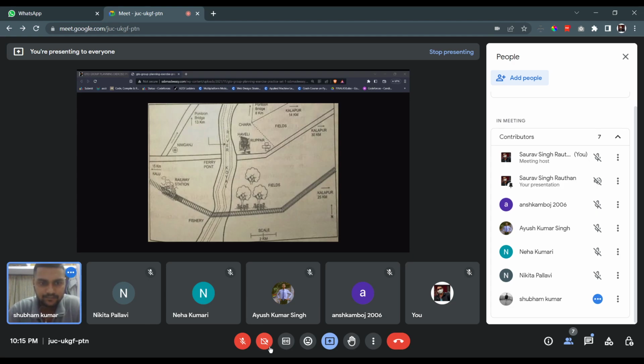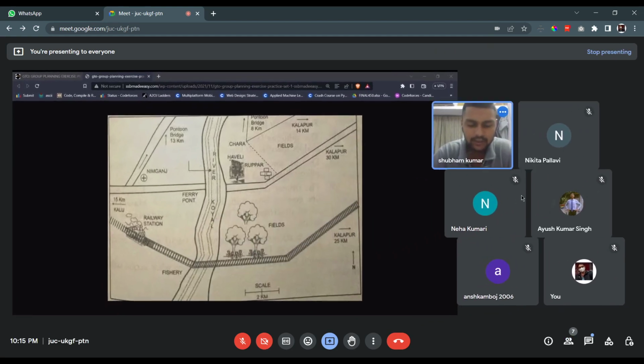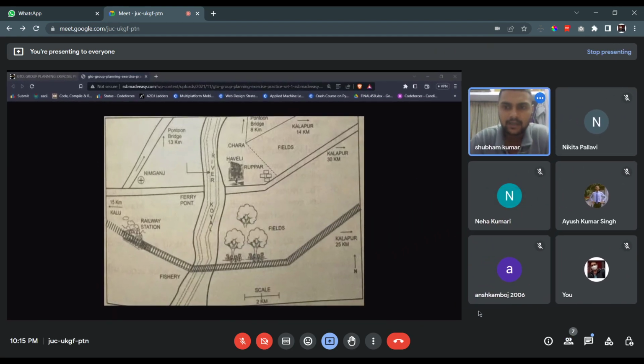Then the other group takes charge of going to the hotel and saving people from the terrorist problem.